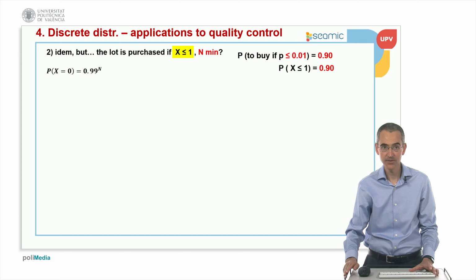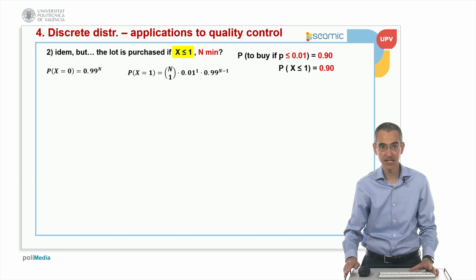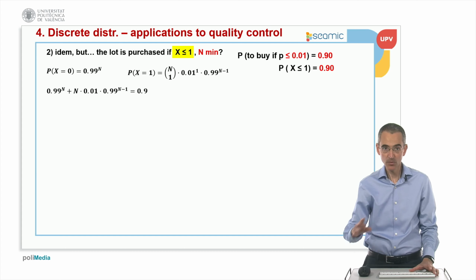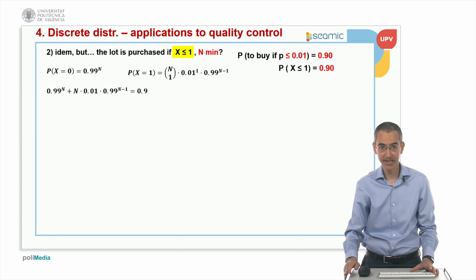Remember that for x equal to 0, this is the formula that we obtained in the previous slide. For x equal to 1, this is the formula by applying the probability function, and then we sum both, and this is equal to 0.9. From this equation, we should solve the value n.